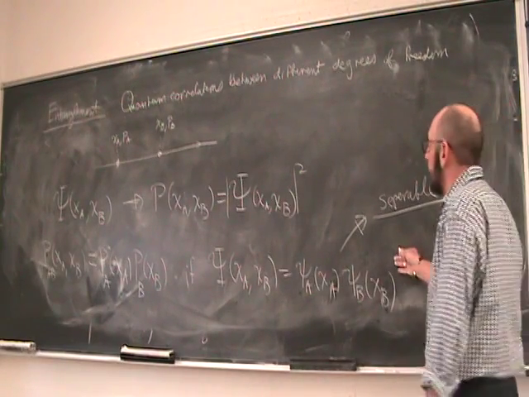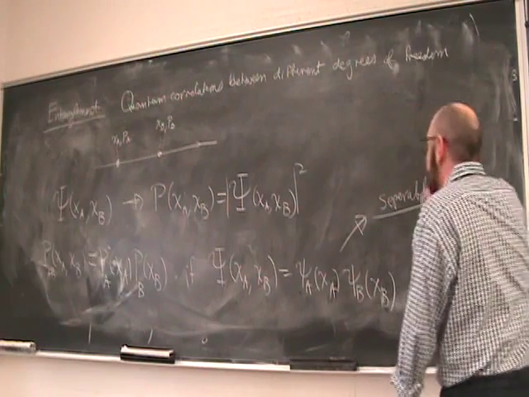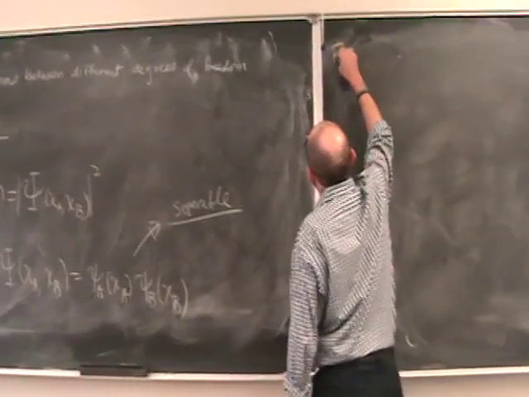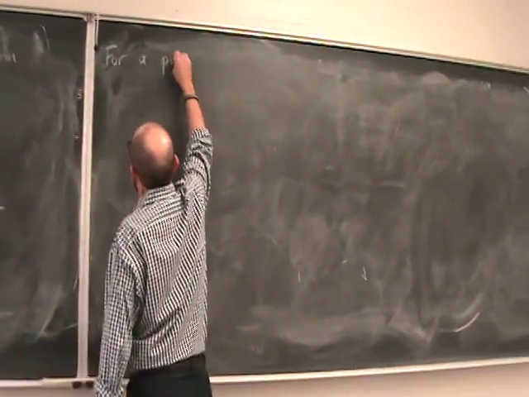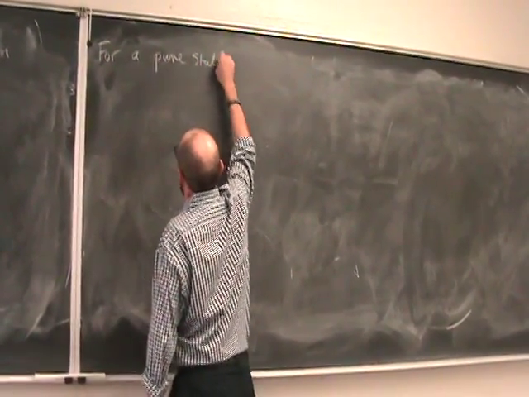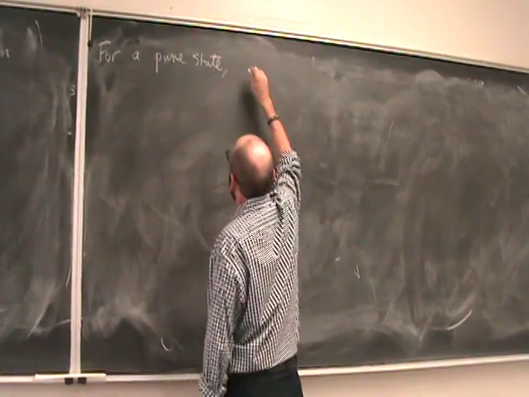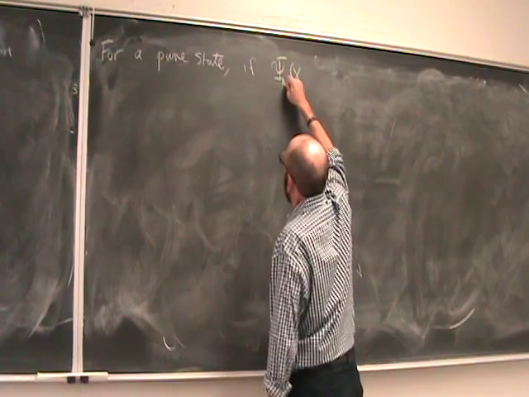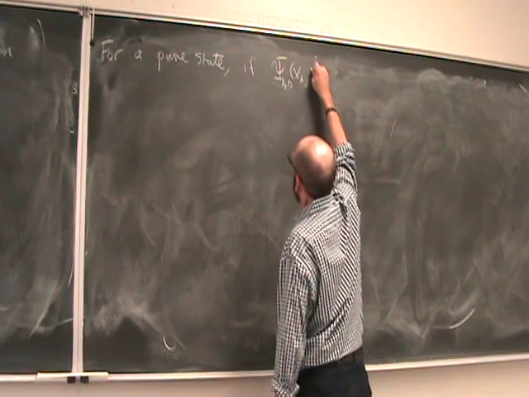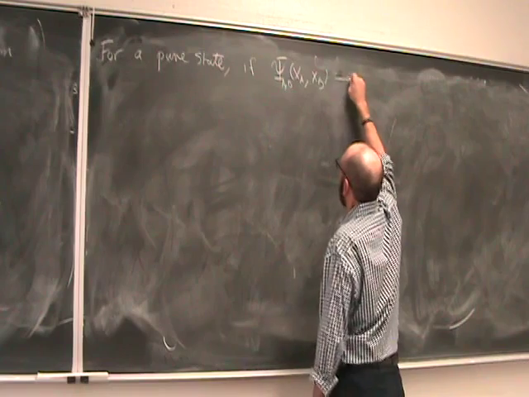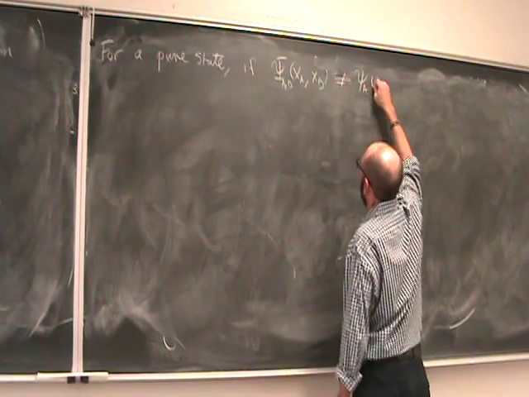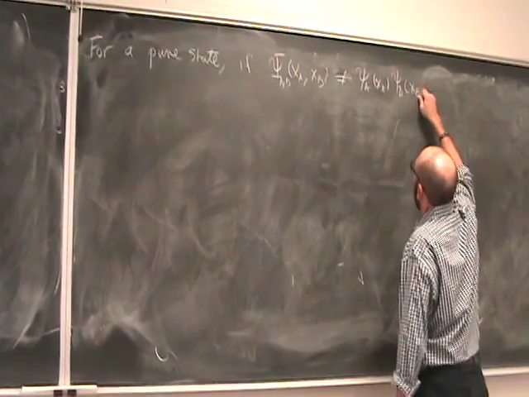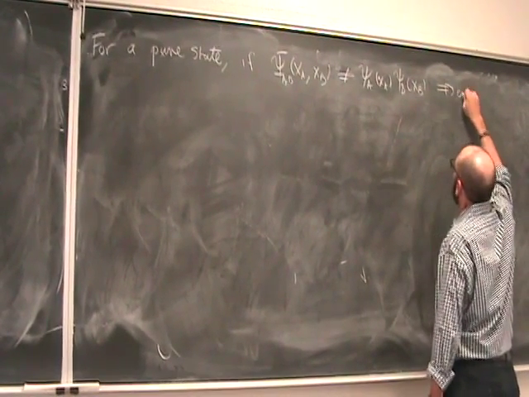If this is not true, so for a pure state, if the joint wave function for the two particles, the 2 degrees of freedom, does not equal the product of two wave functions, then we say it is entangled.